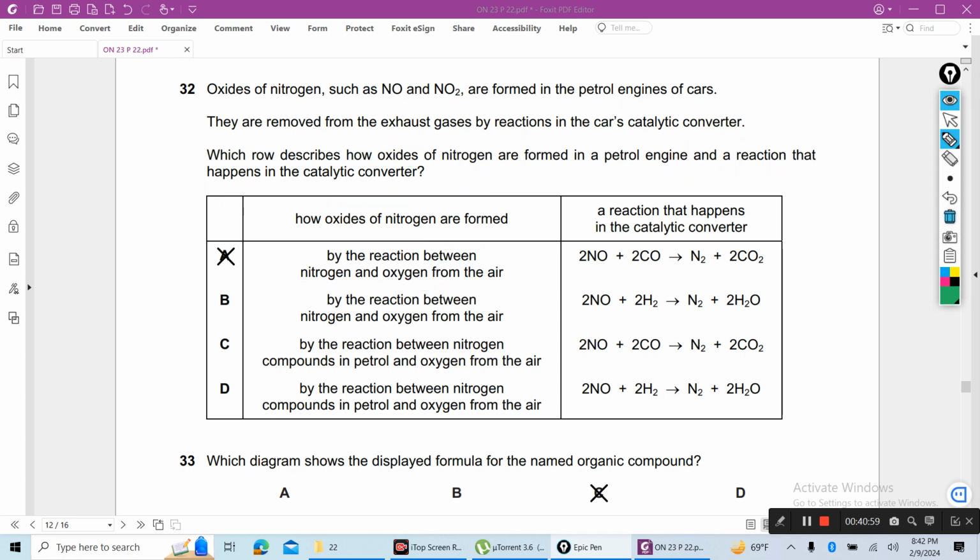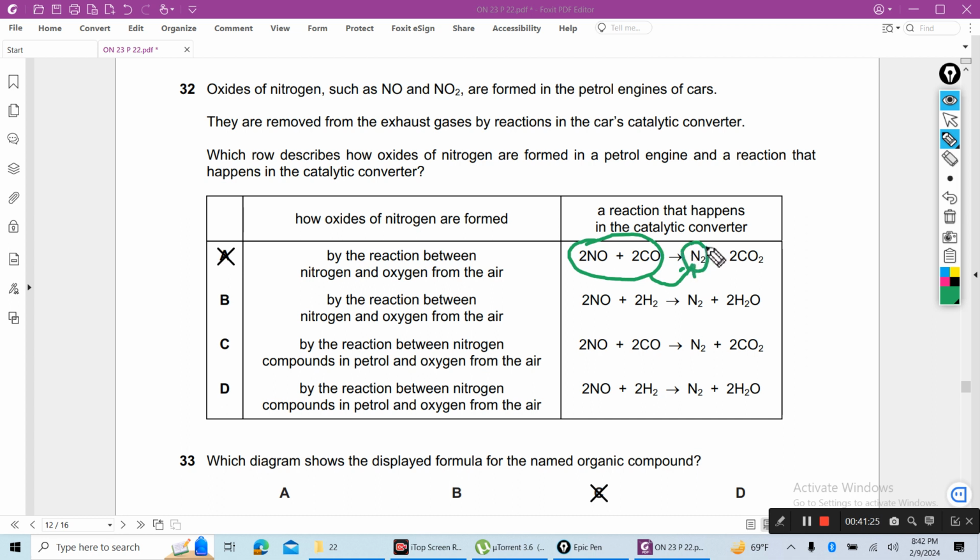And second, what happens in the catalytic converter? Carbon monoxide and nitrogen monoxide are harmful gases. The catalytic converter converts these two harmful gases to less harmful gases.